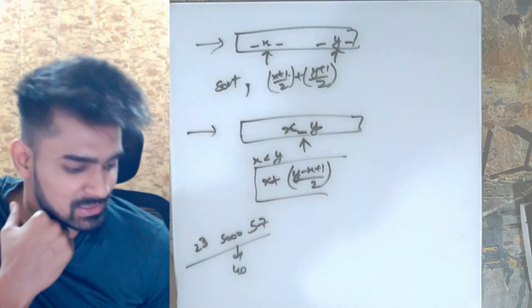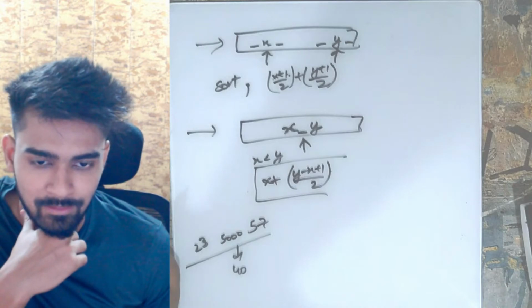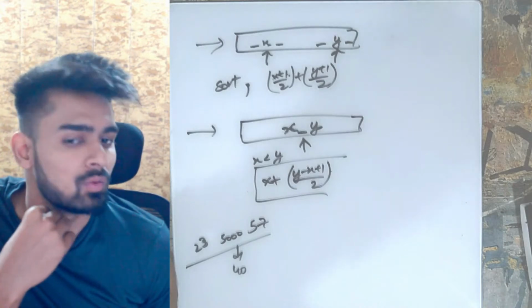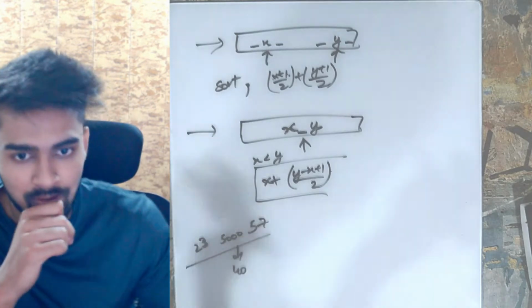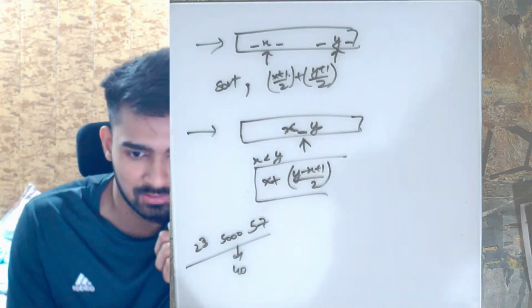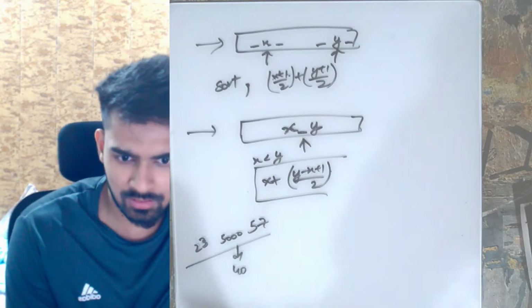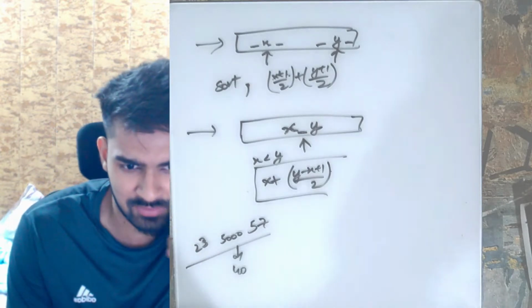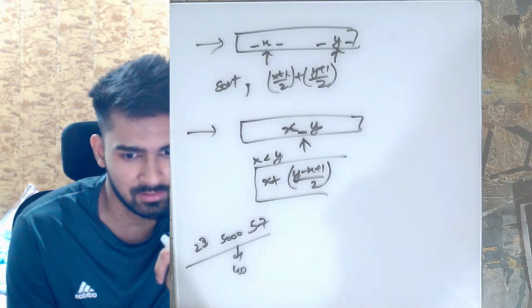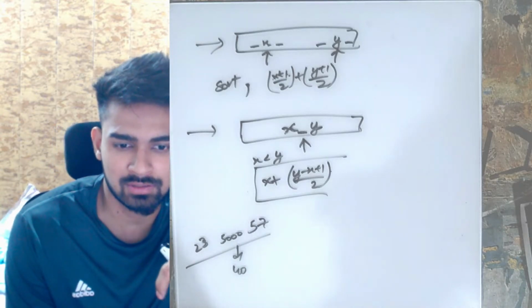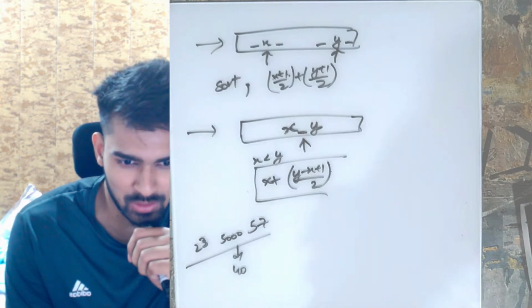The answer is 57 plus 23 by 2. Oh, is it 57 plus 23 by 2? Really? How can we do that? Okay. Minimum of max of xy. Then you get max of x comma a plus. What is a here?